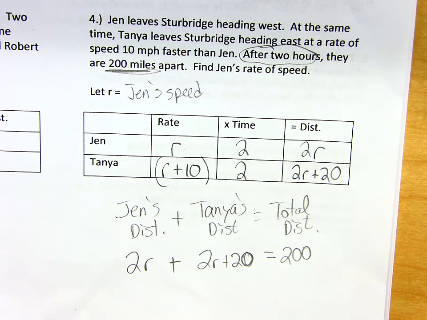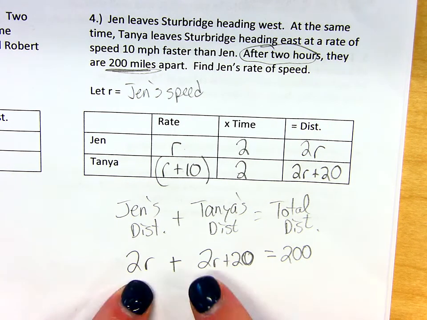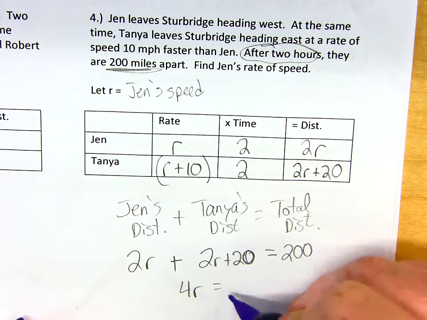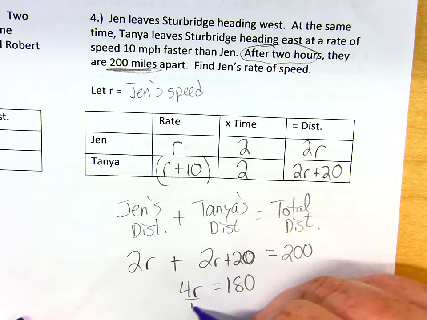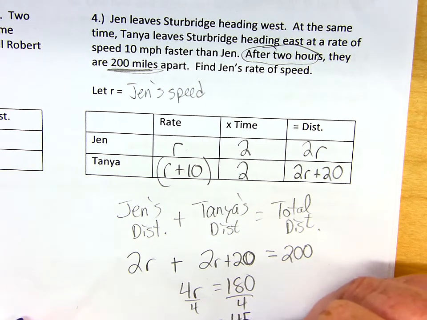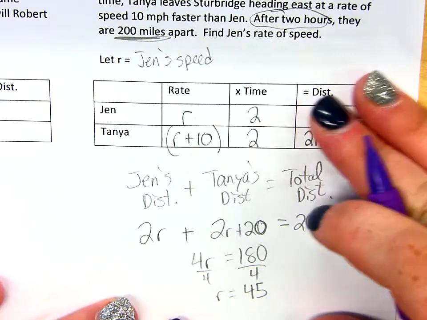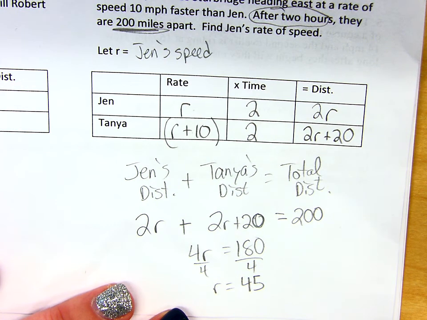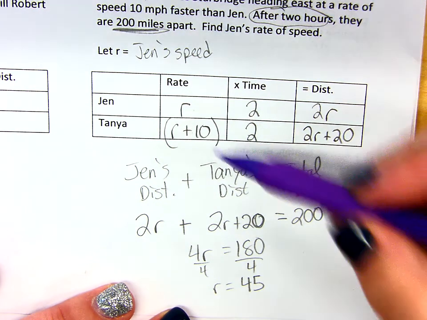So 2R plus 2R is 4R, well, minus 20 to both sides, I get 180. Divide by 4. I get R, I believe that is 45. Oops. What did R stand for again? Jen's speed.